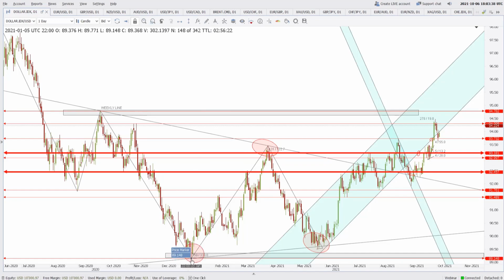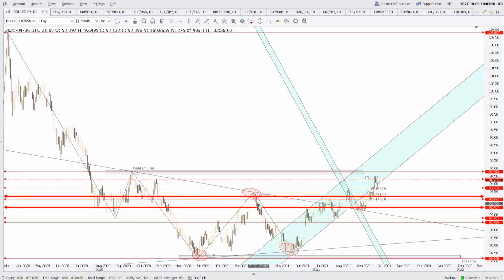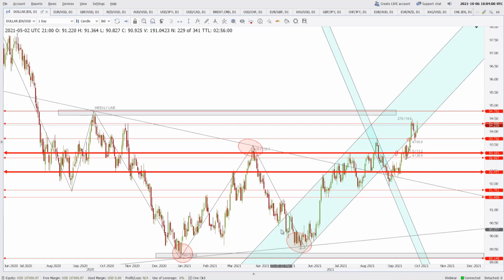The first bottom makes a reaction high, and the second bottom, if it breaks the reaction high, which it has here, confirms the pattern. Till the time this first reaction high is not broken, it is not a confirmed double bottom.